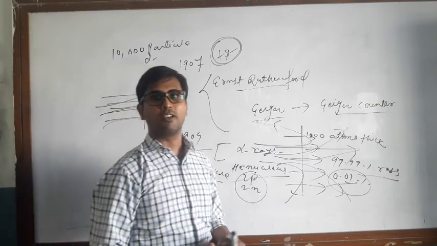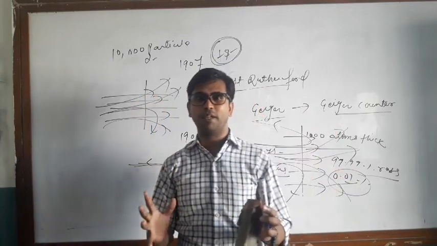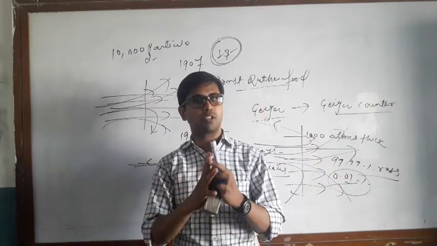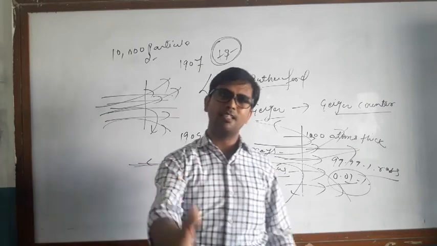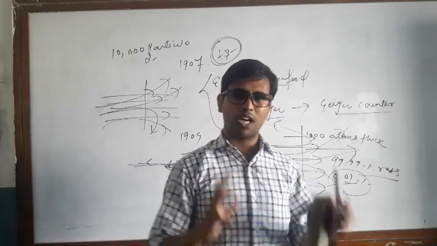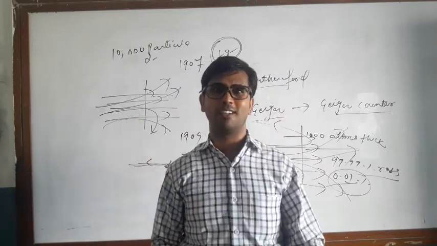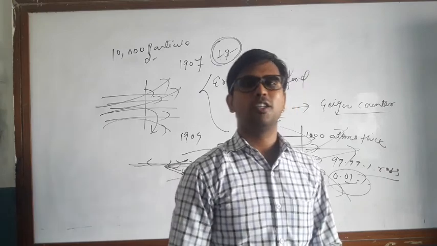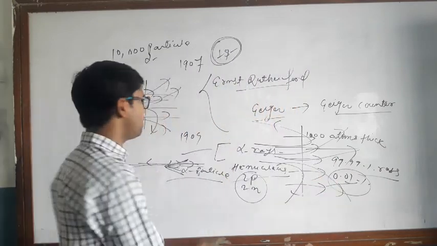That was great. That was quite unbelievable. And then Rutherford got the idea of how an atom should look. And from there, the whole system was changed. How? Let's see.